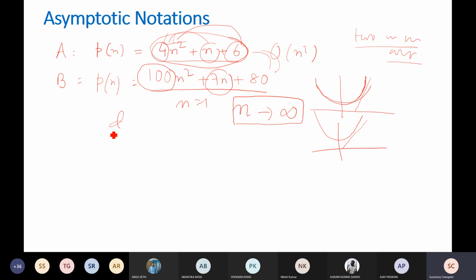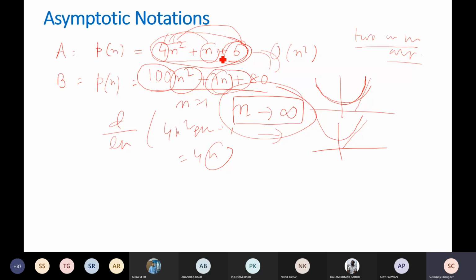If you go for d/dn of this 4n square plus n plus 6, you will get 4n. So that means a polynomial of n. Here also you will get the polynomial of n. So the slope of both the curves are same. Therefore, the rate of change when n tends to infinity are only depending upon this n, not on this constant and lower term. Okay. So therefore, we can say that these two may be equivalent.